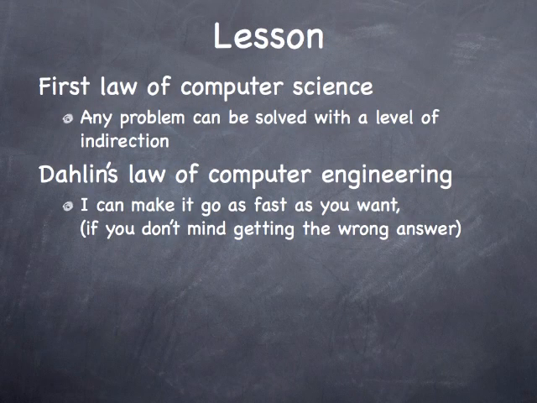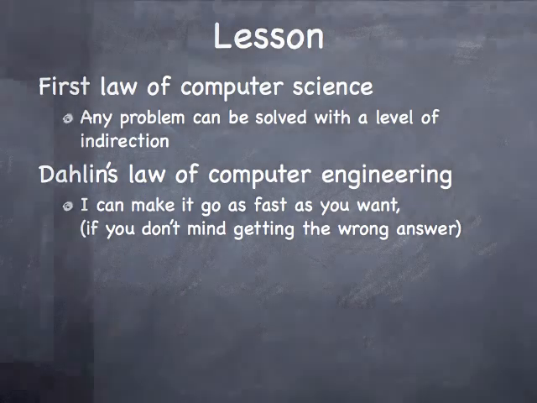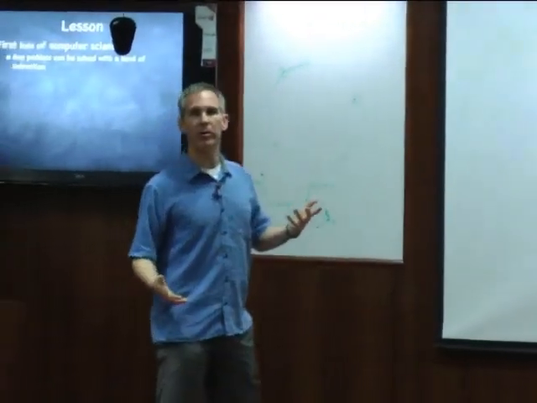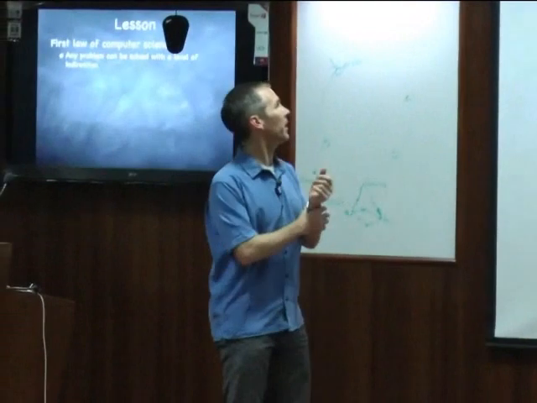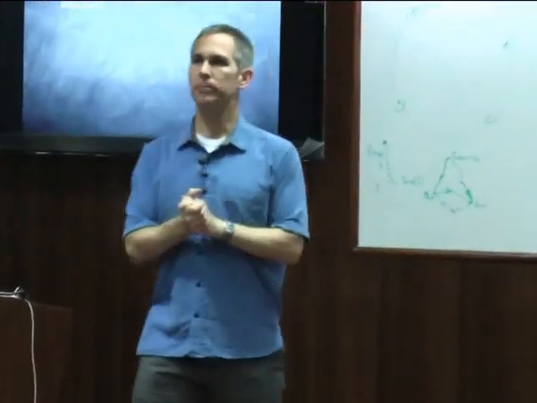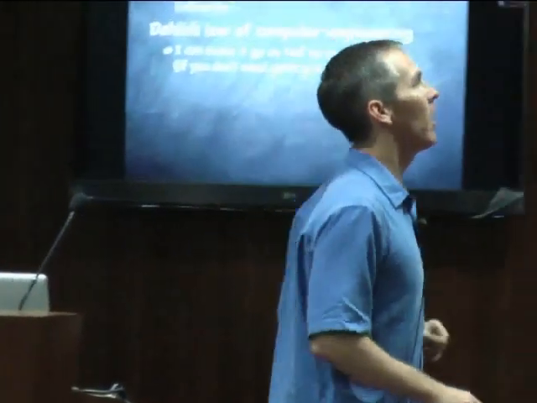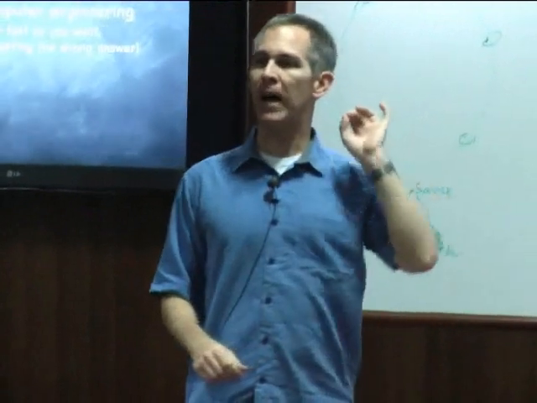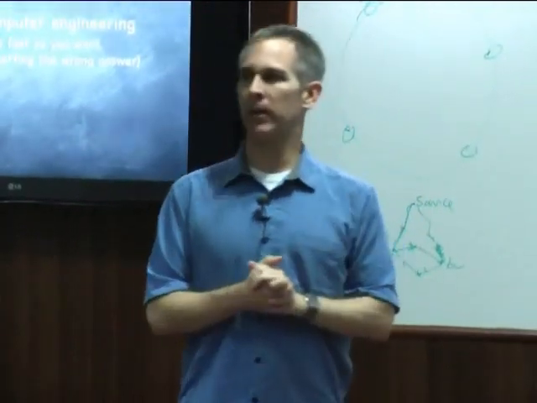Right? So here we've learned an important lesson, and so you've probably heard of the first law of computer science, that any problem can be solved with an additional level of indirection. Right? But what we learned from NFS is Deline's law of computer engineering, which is I can make it go as fast as you want as long as you don't mind getting the wrong answer.